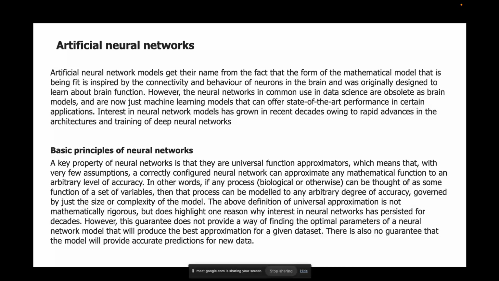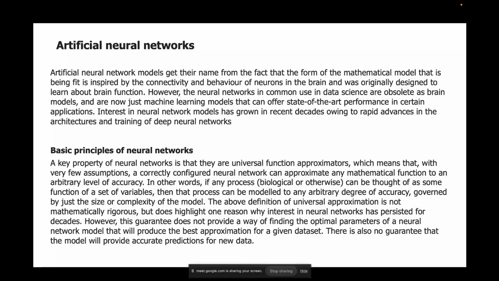So it can approximate any mathematical function to an arbitrary level of accuracy. The idea is that if any process can be thought of as a function of a set of variables, then that process can be modeled to any arbitrary degree of accuracy governed by just the size or the complexity of the model. So basically, it will converge the model and give you an approximate estimation of it.